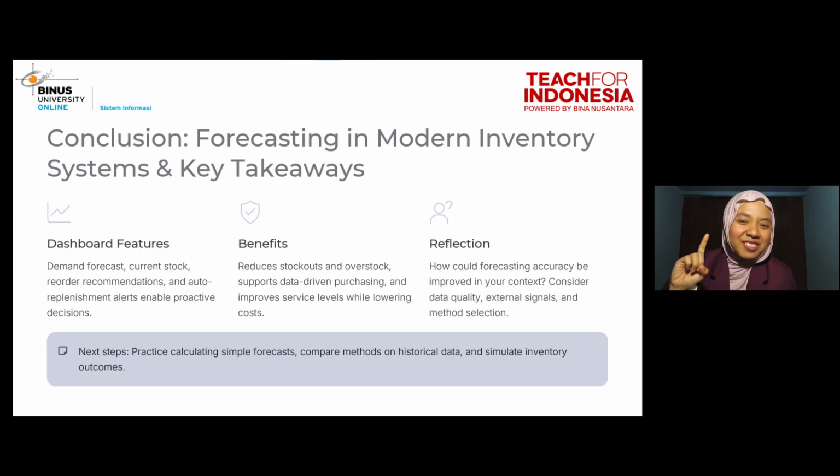So, just a question for reflection: how could forecasting accuracy be improved in your context, considering your data quality, external signals, and method selection? Next steps: you can practice calculating simple forecasts, compare methods on historical data, and simulate inventory outcomes.